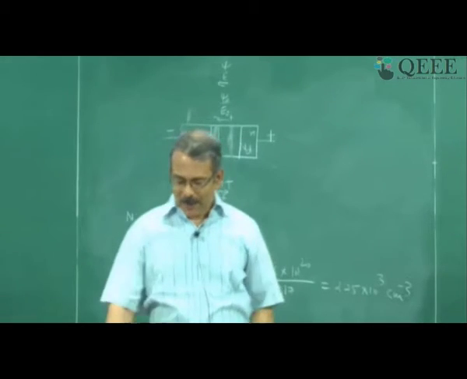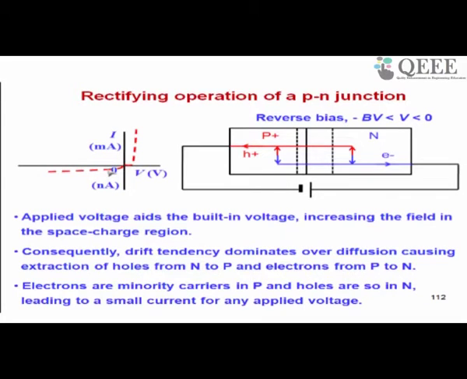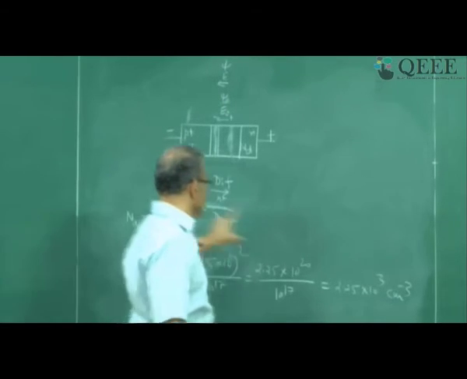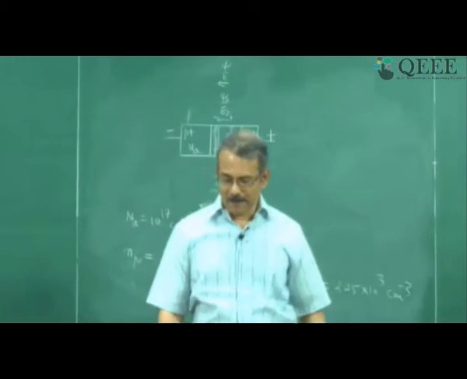That is why you can see that the current levels are very, very small in the reverse direction, nanoamperes, whereas here it is milliamperes. Milliamperes to nanoamperes, how much is the difference? 10^6. Milliampere is 10^-3 amperes and nanoampere is 10^-9 amperes, so 10^-3 by 10^-9 is a ratio of 10^6. So you can see that it is somewhat like the ratio between the majority carrier concentration 10^17 and minority carrier concentration, right?